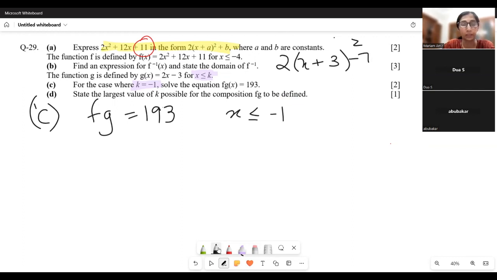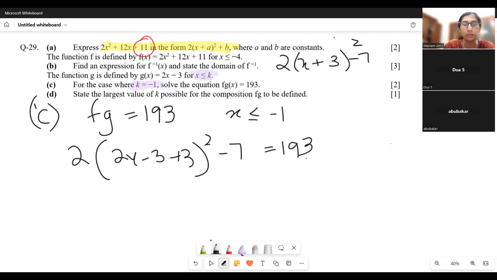So f g, g goes in f, so 2, and instead of that x we need to substitute g. 2x minus 3 then plus 3 close square minus 7 equals 193. 3 and minus 3 cancels out. So this would be 2 times 2x whole square minus 7 equals 193.